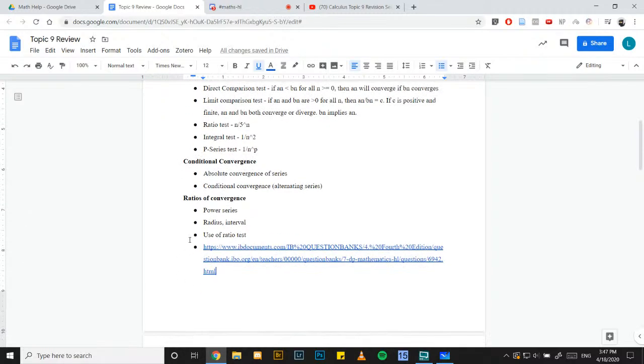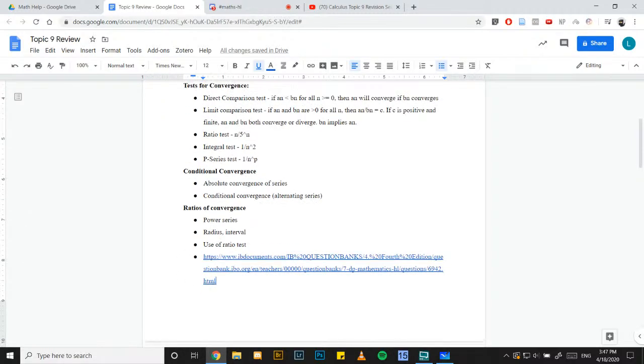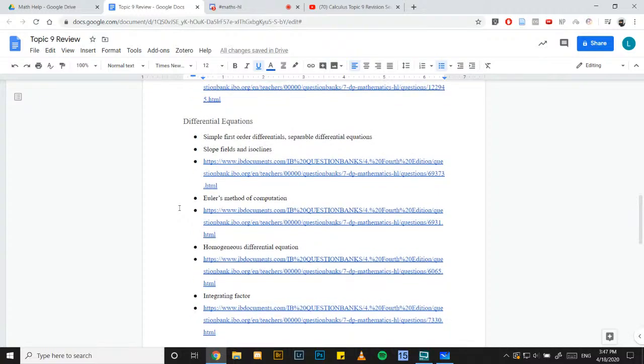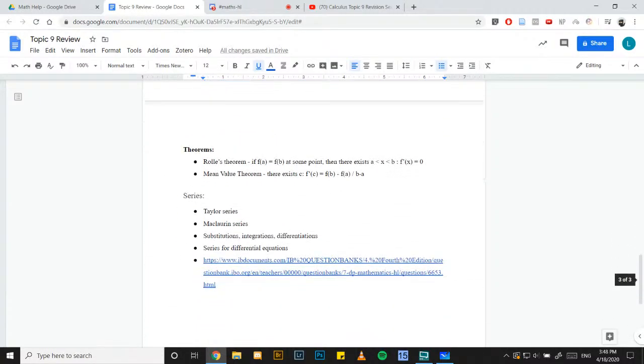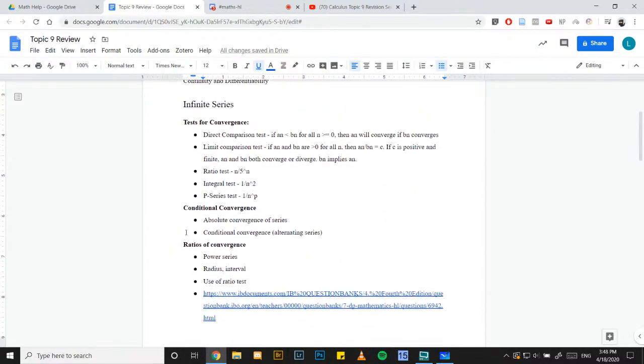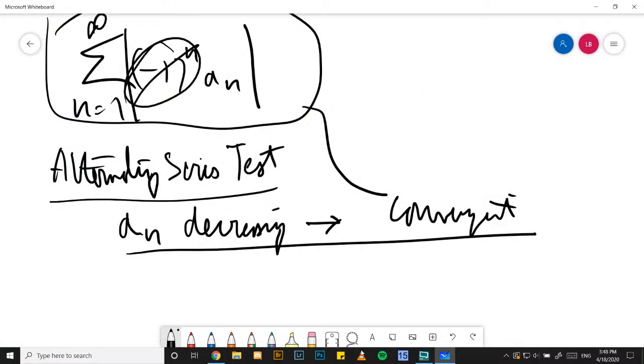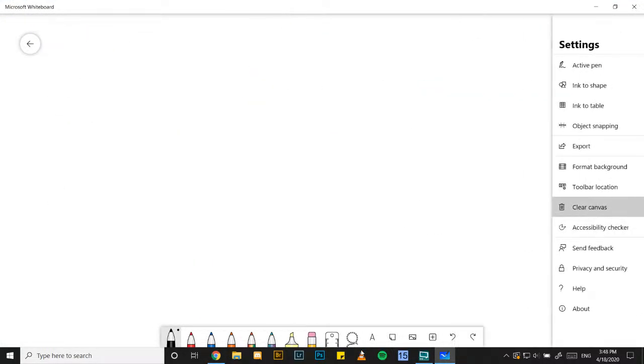Okay, so the next thing is, sometimes in your series you'll have x's, for example. Assume there's some series where you have some x times some an, and essentially what you want to check for is for what values of x.